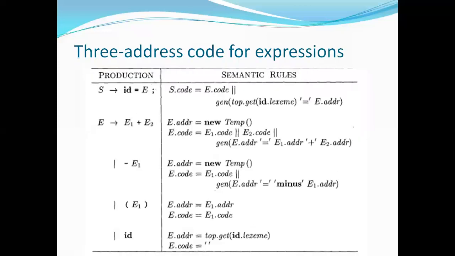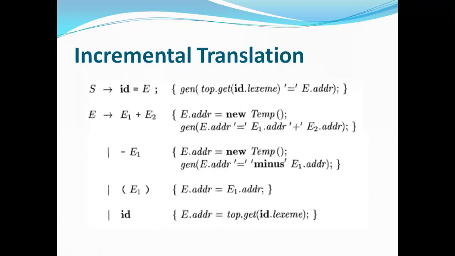In the previous example, we considered two attributes, one for code and another for address. See here, it is a translation schema again. Why? Because here I enclosed the action within this type of parentheses, so this can be called a translation schema.